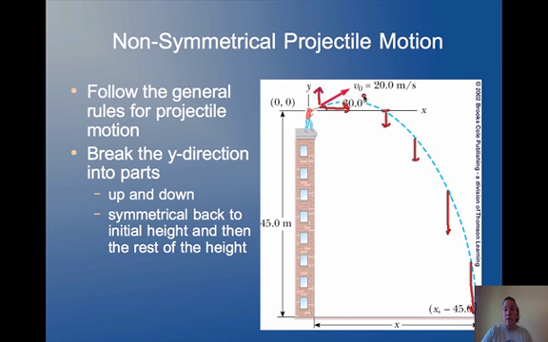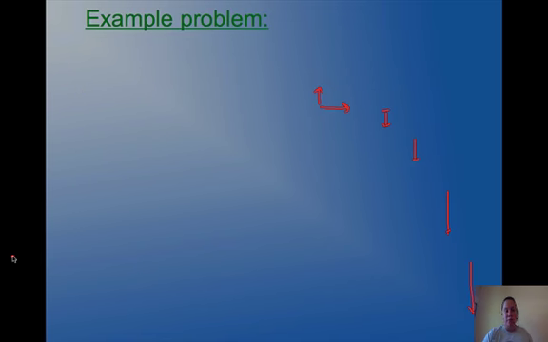And because this is 20 and that's 30 degrees, we can actually solve for it. V naught y is equal to 20 times the sine of 30 degrees. V naught x is equal to 20 meters per second times the cosine of 30 degrees. And again, we'll be doing more of that solving, but I wanted to show you that there's really 2 different types of problems that we'll be looking at when we solve projectile motion.